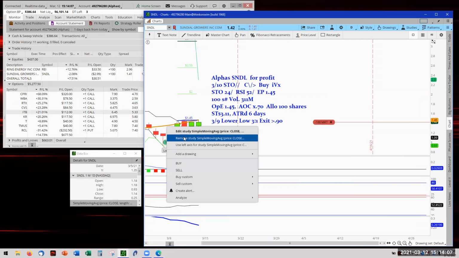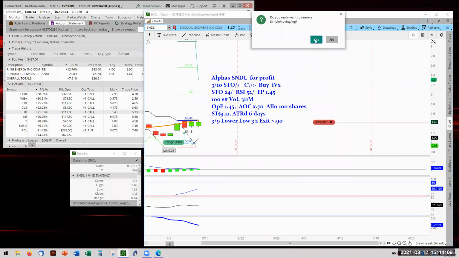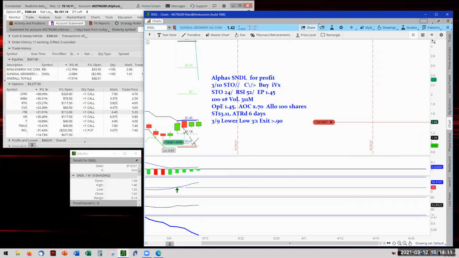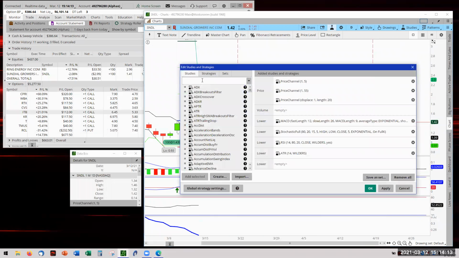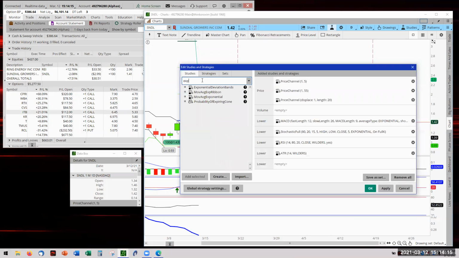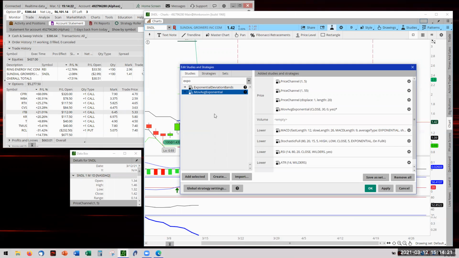Oh, we have to remove this moving average and apply the new one that we initiated, and that's the exponential. So another lesson: how to add an exponential moving average, or add any component, to the Thinkorswim price chart. And then we have it here, and it defaults at 30.